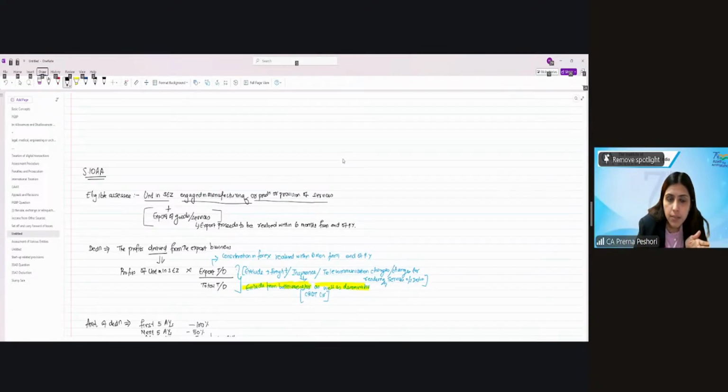Are we clear? So this is the export of goods or services from the SEZ. And the deduction is available to the manufacturer who exports the goods. Yes, and this is basically available till 2020-21 assessment year.